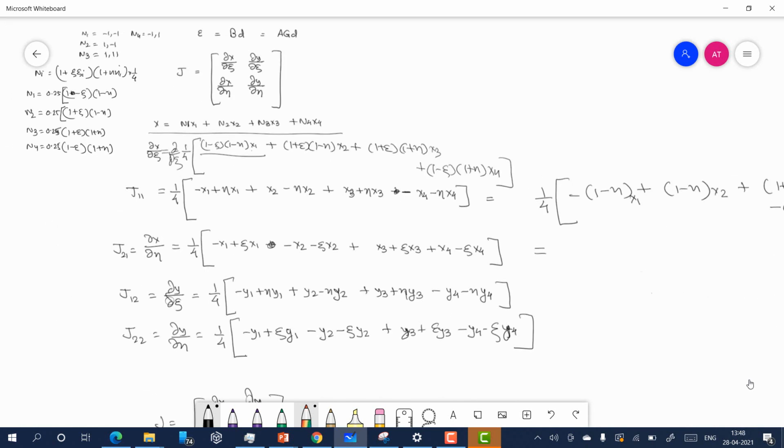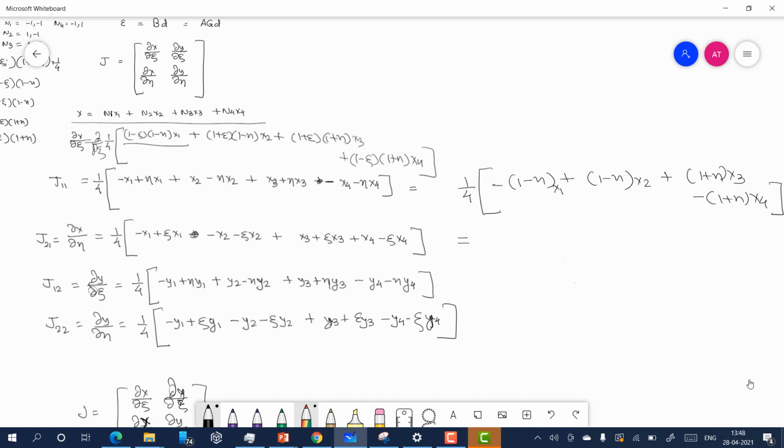Let us define our J11, J21, J12 and J22 like that. So J21 is 1 by 4 into minus 1 minus zeta into x1, then 1 plus zeta into x2, then 1 plus zeta into x3, and 1 minus zeta into x4.